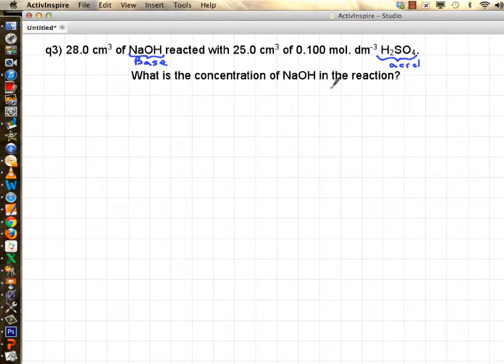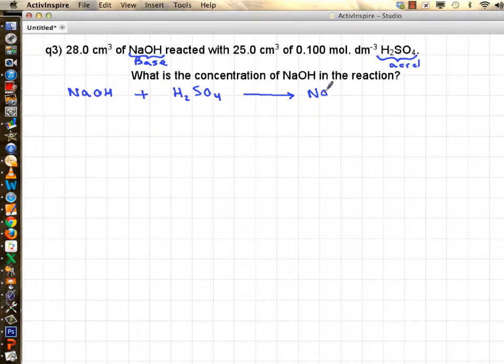Now let me write the equation. Let's balance it together. So we have sodium hydroxide, NaOH, plus H2SO4. It's diprotic. It has 2 hydrogens that it can lose or ionize. It usually gives you a salt. The first name of the salt is the metal, and the last name is the polyatomic ion.